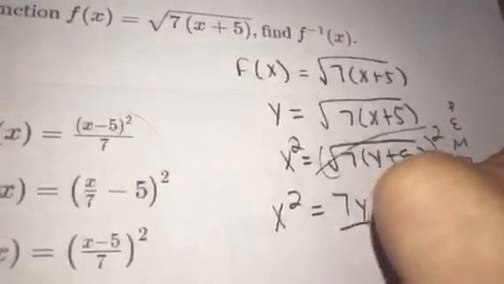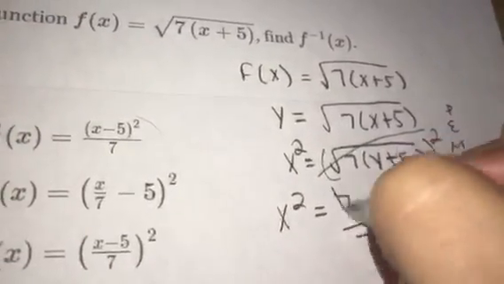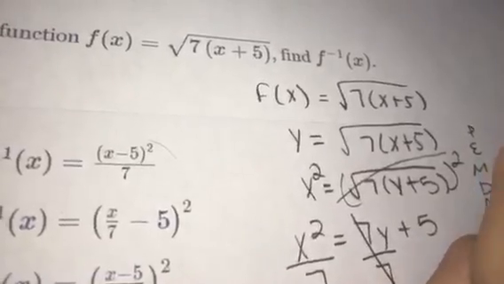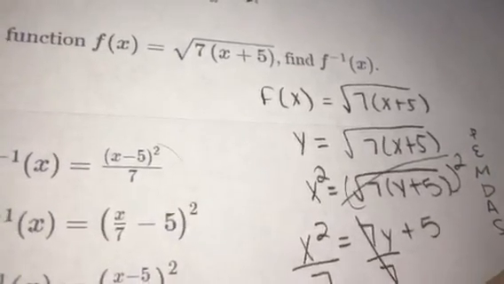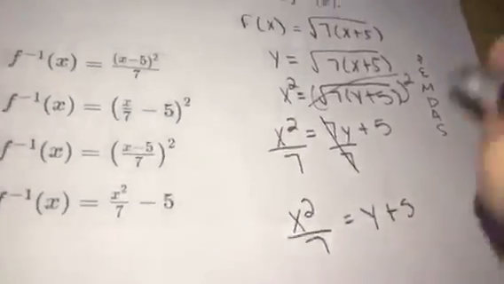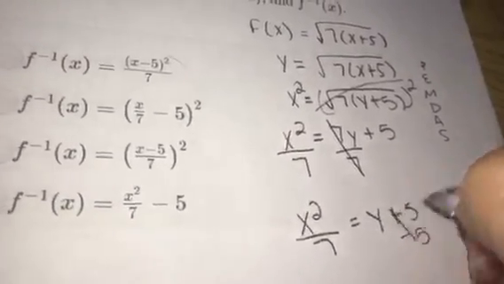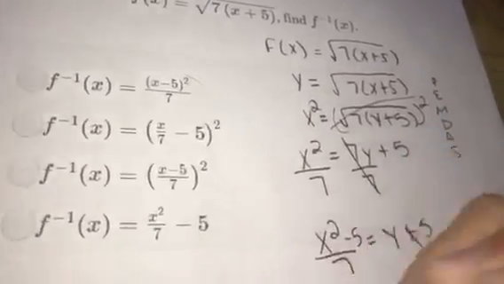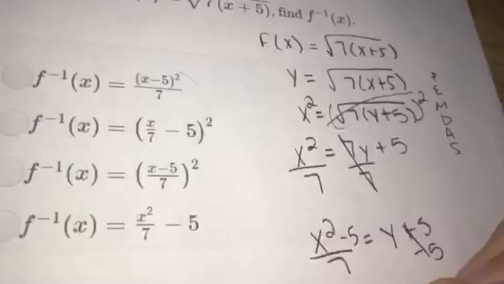So anyways, x squared equals 7y plus 5. We divide by 7 and get x squared over 7 equals y plus 5. To isolate the y, let's now subtract 5 from both sides. We now have x squared over 7 minus 5 equals y.